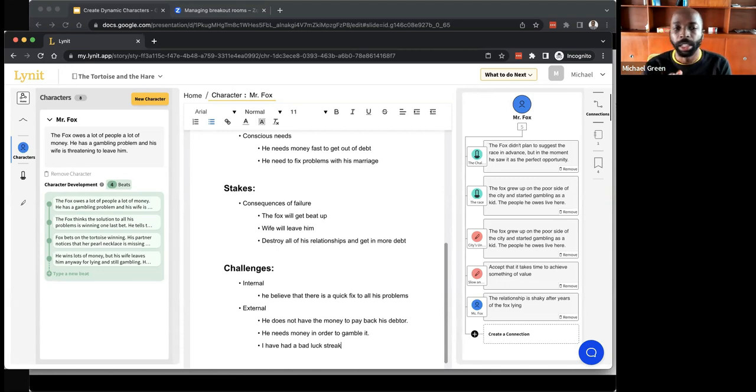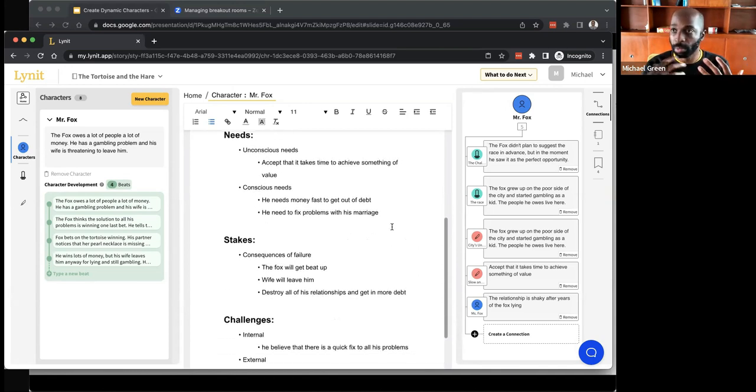For the new person, you can try, for a character either that you've worked on before or that you're really familiar with, to capture their needs, their stakes, their internal challenges, and then try to phrase them in these I statements, right? How could you put it in their point of view, or play around with writing that interview, right? What was it like for them after the story, thinking back on it?